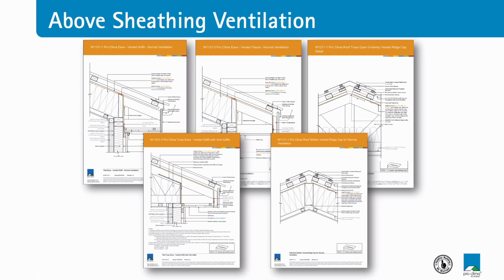So head over to the ProClima website, and we do have a bunch of details there. There are more coming that are more specific to Australia, but we can help out with some guidance there as well, or point you in the right direction for detailing, particularly the eave and the ridge, but also the valleys and the ridges as well, that cause some consideration of how to incorporate battens and counterbattens of the appropriate size.